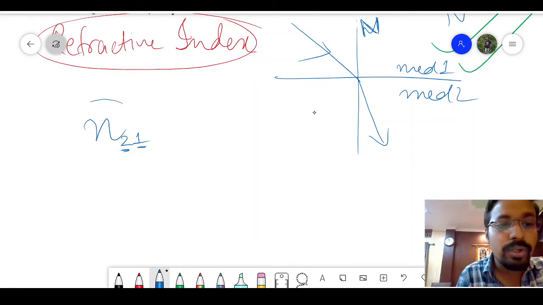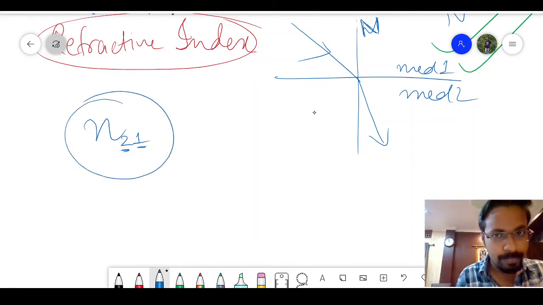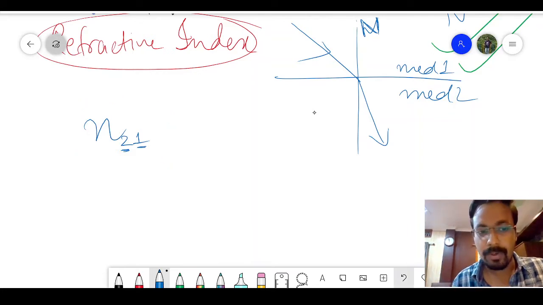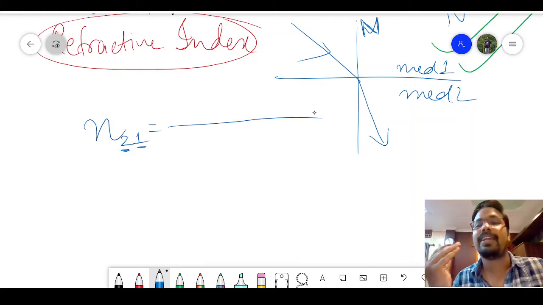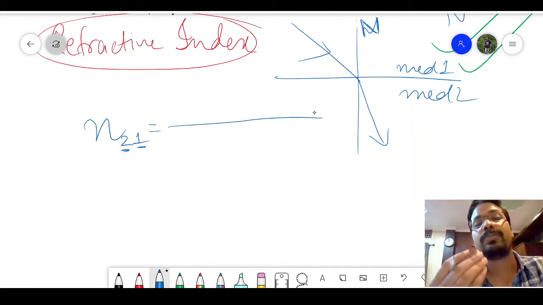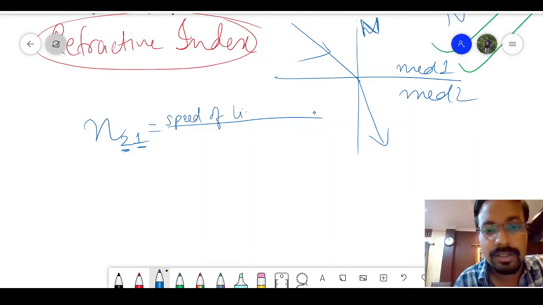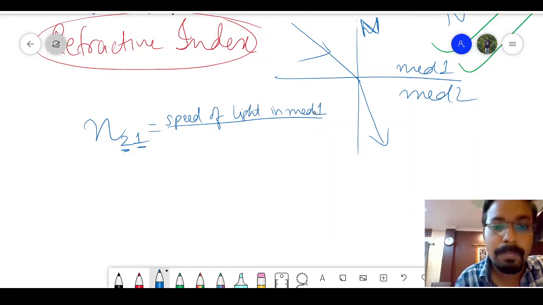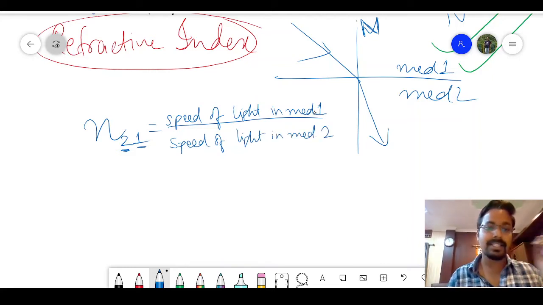So that is how we denote the refractive index of two media, medium 2 with respect to medium 1. Now what is the formula? This can be expressed with respect to the speed of light. So it is the speed of light in medium 1 divided by the speed of light in medium 2. Okay, this is the formula.